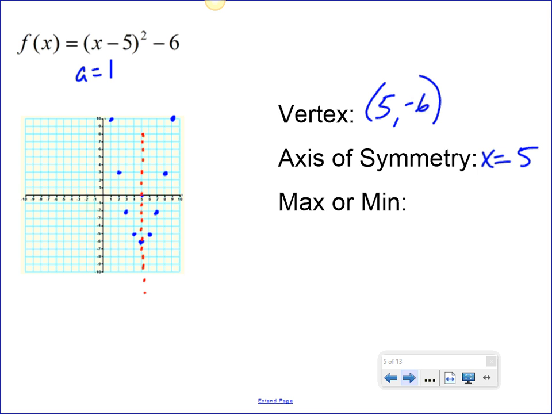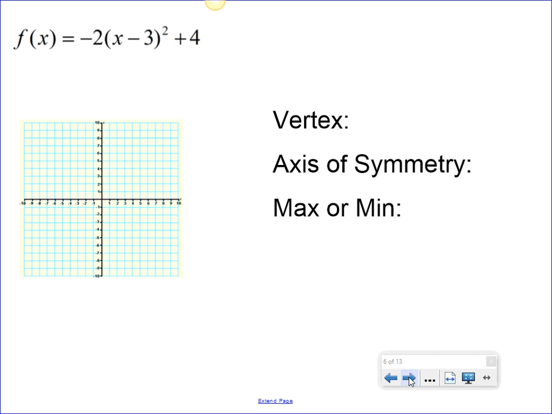So I've got this nice parabola like so. What would I have this time? Again, I'd have a minimum. That minimum would be -6 when x equals 5. Okay, hopefully it's starting to click.